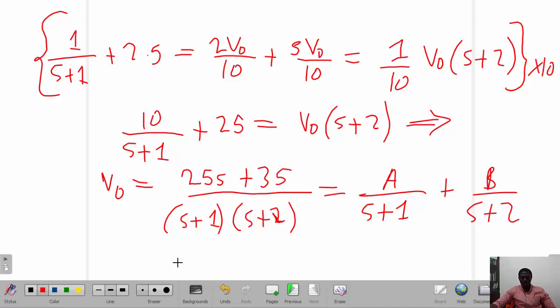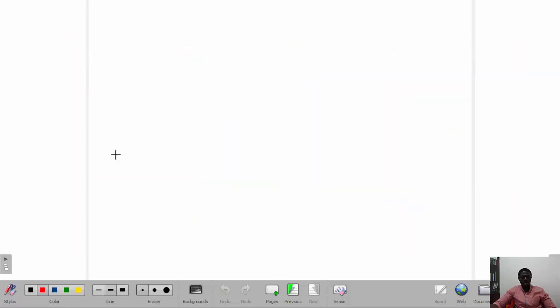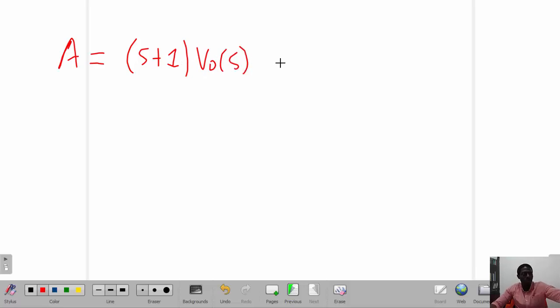So for us to be able to determine A, let me use the next page. To determine A, it will be equal to s plus 1 multiplied by V naught of s, and we're taking s to be equal to minus 1 so that we can cancel out s plus 1 there.